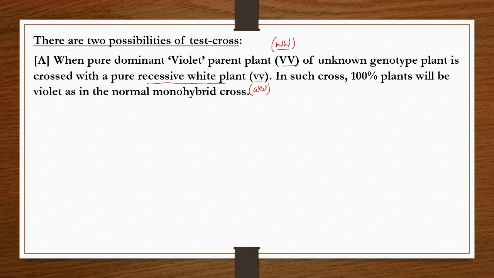In such a cross, 100% of plants will be violet, as in the normal monohybrid cross.